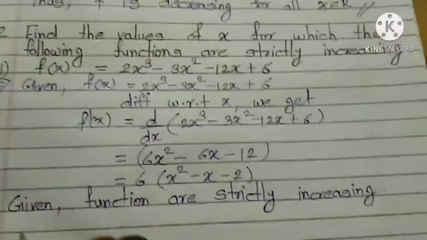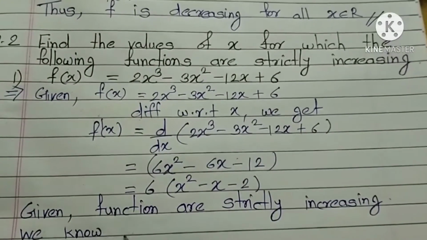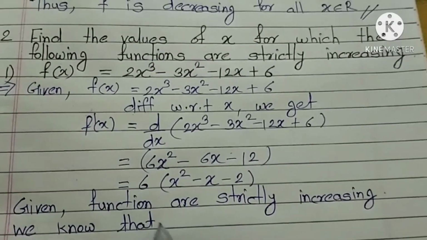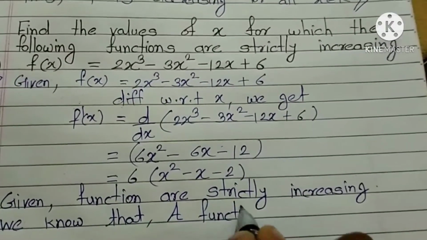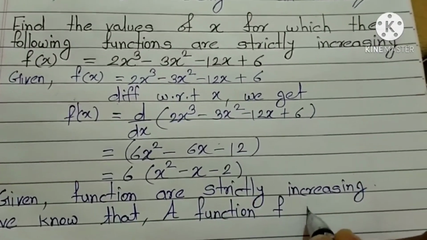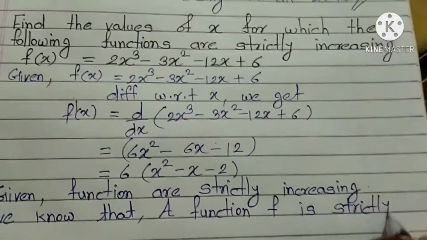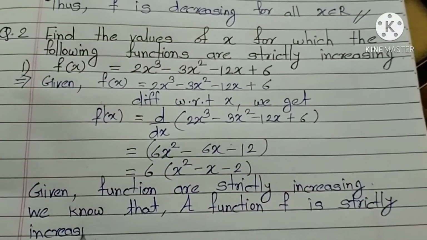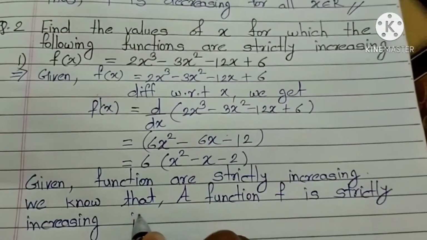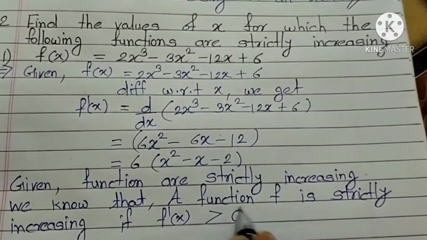So right here we know that a function f is strictly increasing if f dash of x is greater than 0.